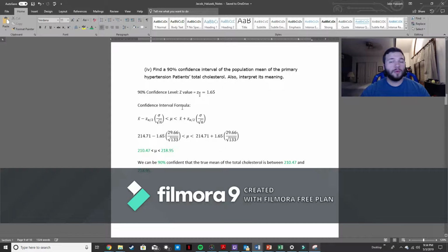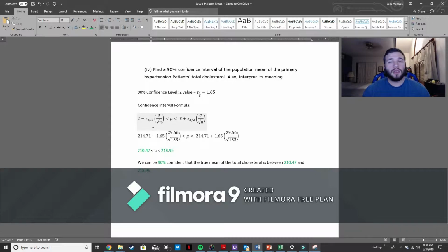The confidence interval formula that we're going to use takes our sample mean minus our z-value. This is for the lower end. We're basically setting up a containment boundary, saying it can't go further to the left, can't go further to the right, our mean needs to be right in the middle.